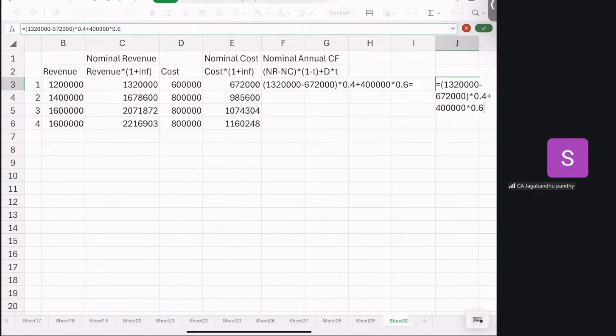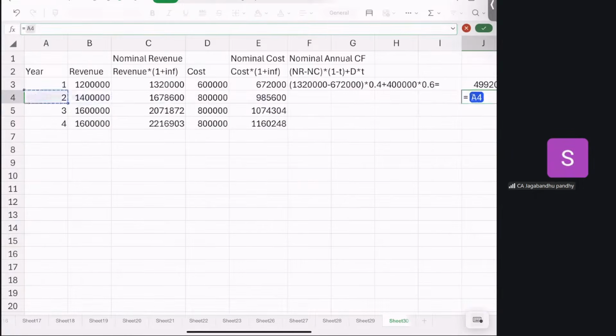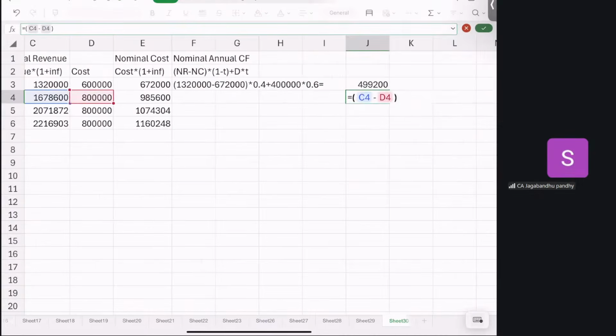In second year, sir, 517,200. Second is minus the cost to 0.4 plus four lakh and 6.